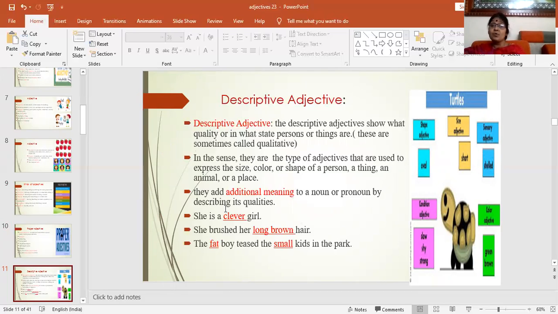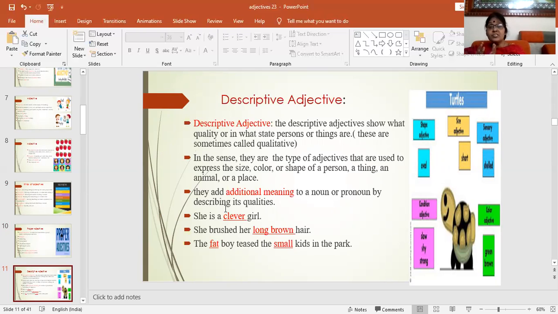These are sometimes called qualitative, in the sense they are the type of adjectives that are used to express the size, color, or shape of a person, thing, animal, or place. They add additional meaning to a noun or pronoun by describing its quality.